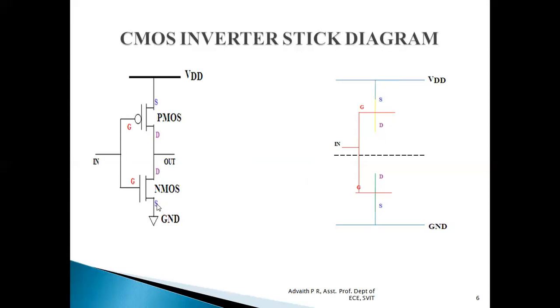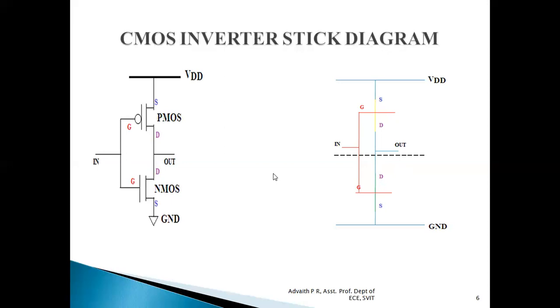Source terminal of NMOS transistor is connected to ground, and I've represented using a metallic stick. Next. Drain terminal of PMOS transistor is connected to drain terminal of NMOS transistor, which in turn is given as output. Drain and drain of PMOS and NMOS is shorted and it is given as output.